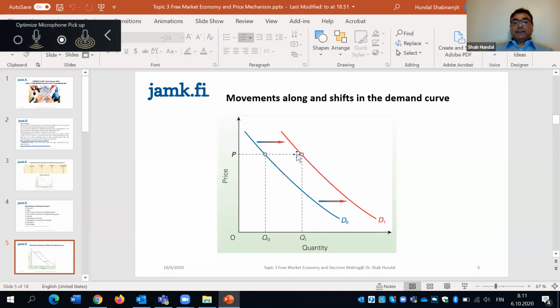Shifting of the demand curve, when you are all together at a new demand curve, only happens when the price of the commodity in question doesn't change, but some other factors make this shift. So you are able to consume more at the same price.